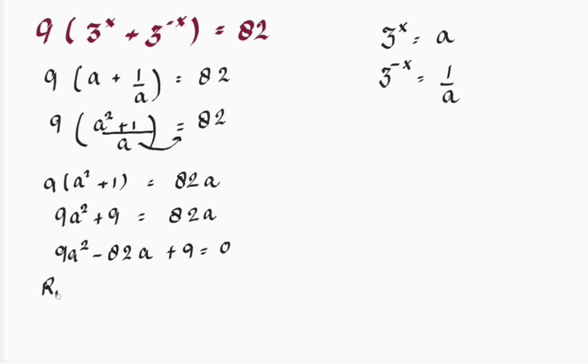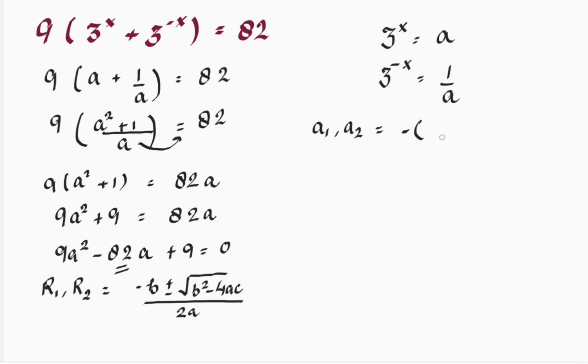The equation to calculate roots of a will be minus b plus minus under root of b square minus 4ac divided by 2a. So here let's say roots are a1 and a2, which will be minus of b.